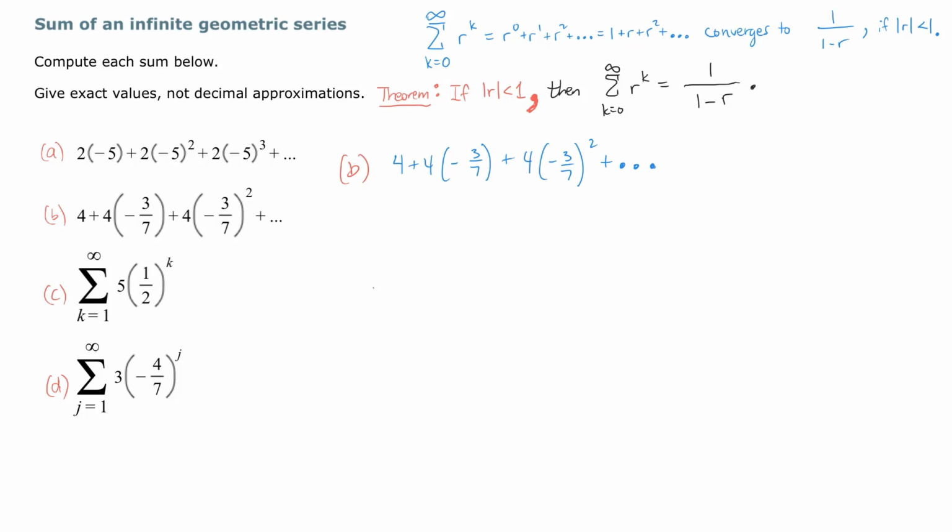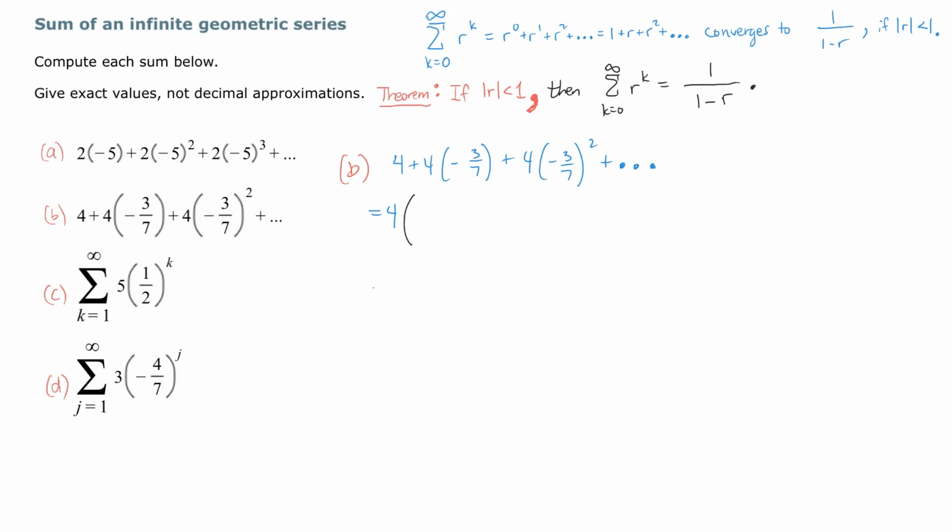Don't forget those three dots. That means you're running this to the concept of infinity. We're going to add this an infinite amount of times. There is a greatest common factor, and that is 4. Every term has a 4. Let's factor out a 4, and let's see what we have left.